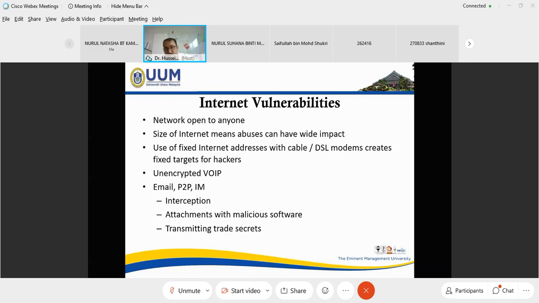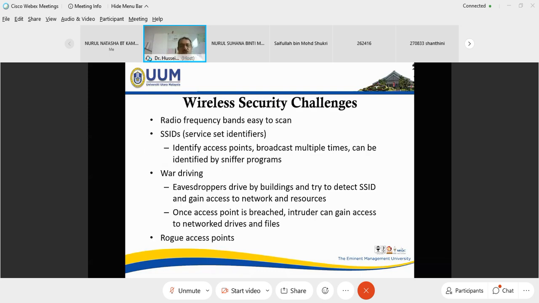Don't click anything. Wireless security challenges. What is this? With wireless, we have a lot of challenges because the radio frequency band is easy to scan. Service set identifiers, SSIDs, identify the access point, which broadcasts multiple times and can be identified by sniffer programs. Sniffer programs are one of the security challenges.